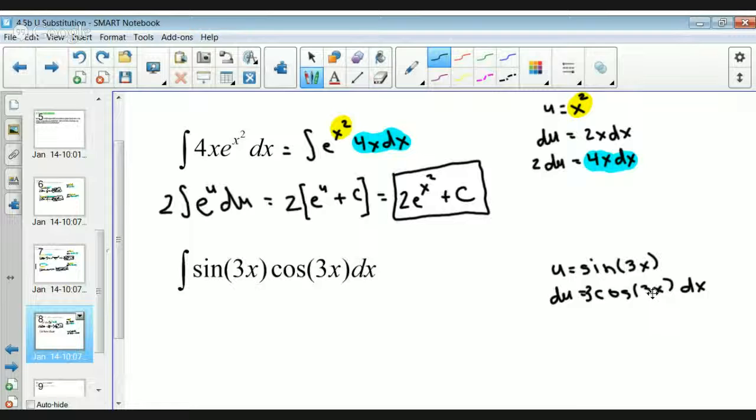And we also need to differentiate the baby, which is 3. Okay, now I have cosine of 3x dx and not this 3 again, not bothersome. I can just go ahead and multiply both sides by a third to get the piece that I need, right?